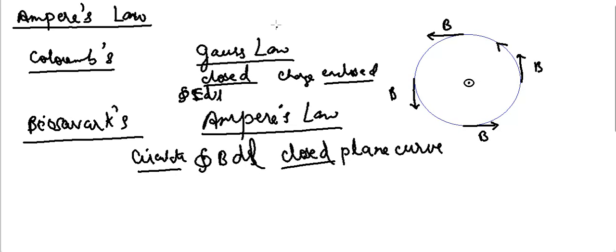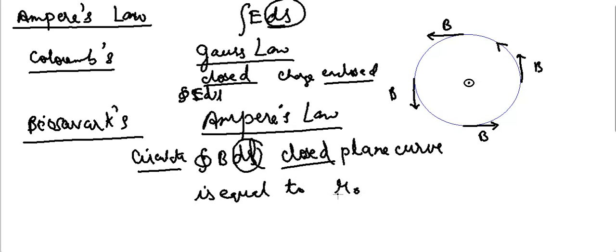The difference is that here it was E ds, a surface integral over the surface area, while here it is the integral of B dl over a closed plane curve. So length is the unit here, while area was the unit in Gauss law. The circulation integral of B dl across a closed plane curve, and closed is important, is equal to mu naught times the total current crossing the area bounded by the closed curve.